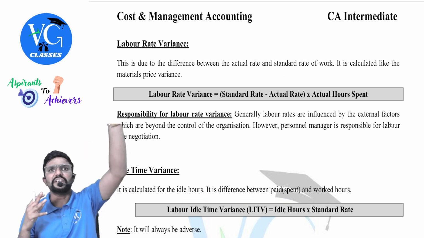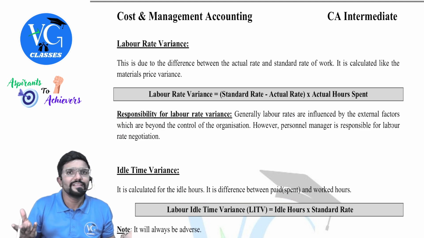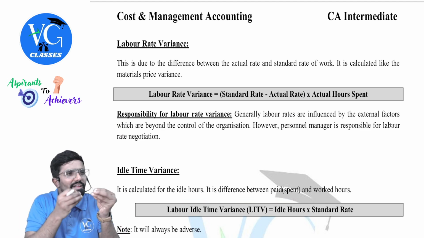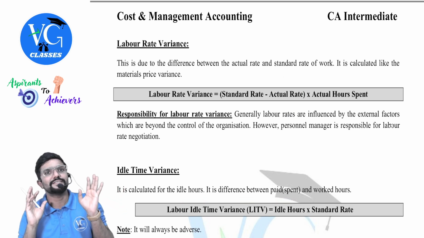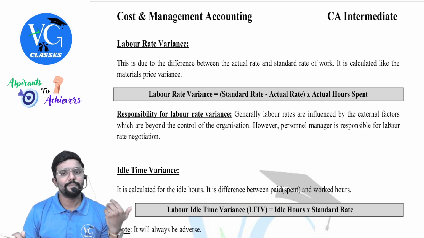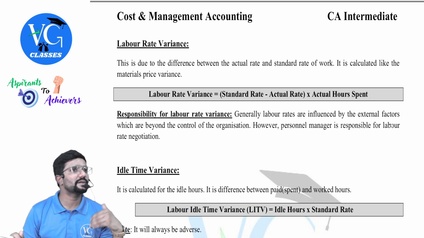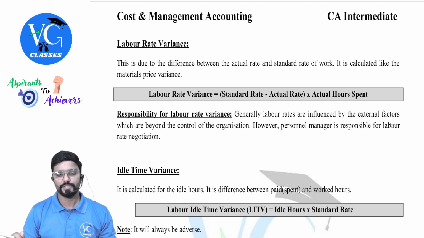The market standard itself for a chartered accountant is so many lakhs. What will the HR department do? Maybe you can negotiate 50,000 or 1 lakh here and there, plus minus, but the standard is like that in the industry. However, HR is responsible for labor rate negotiation.